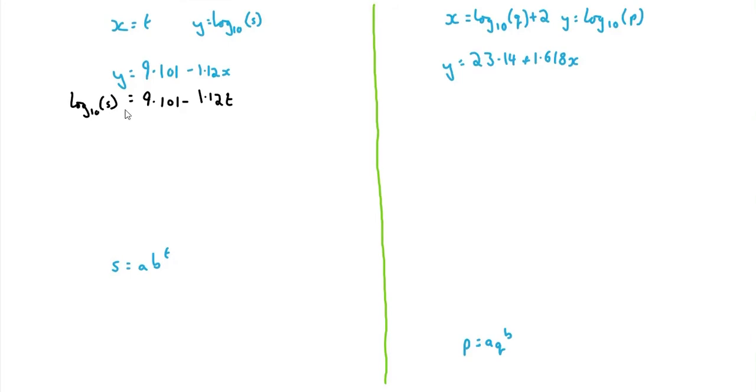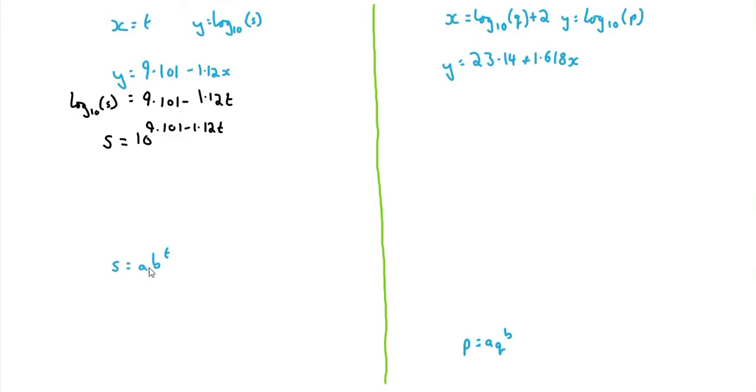Well, how do we then get the s out of this logarithm? Because obviously we can see we need to get the s on its own. Well, if we reverse the logarithm, undo it, we raise the entire other side as a power of this base of 10. So you end up with 10 to the power of 9.101 minus 1.12t. Now, because of the powers at play here, because there is a minus, that would usually indicate that we're about to be dividing.